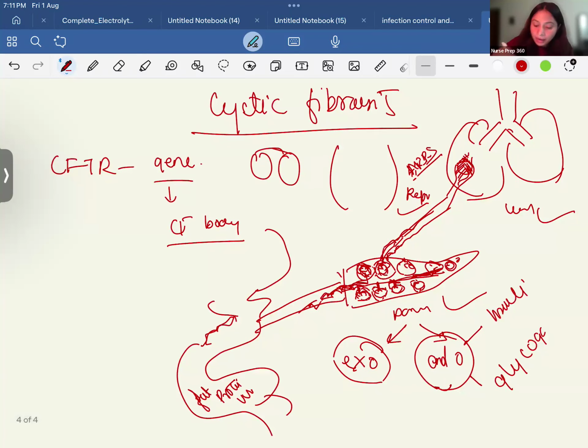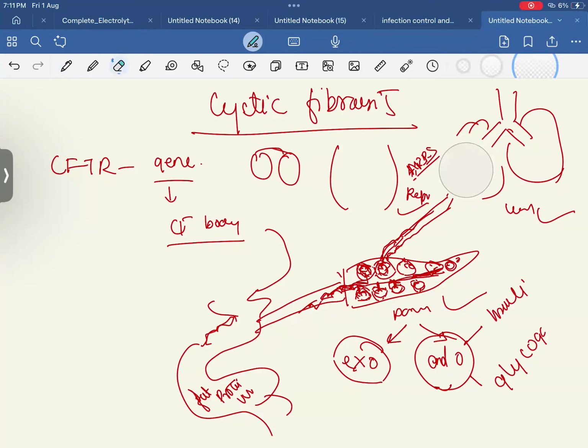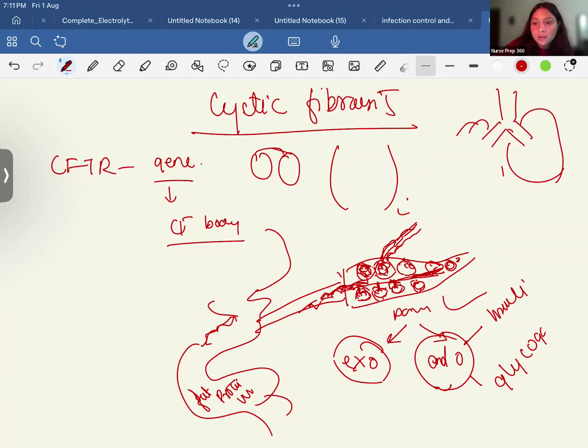Now understand what exactly is happening in your lungs. Your lungs are responsible for gas exchange: inhale oxygen and exhale carbon dioxide, and also to remove the secretions from your airway.